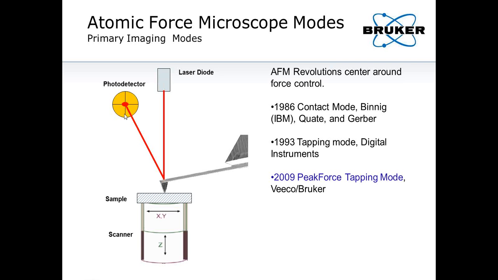To detect that, one common scheme is to use beam deflection detection. That is, you shine a laser on the cantilever, and then it's reflected back to a photodetector. So when the spot moves, it knows how much it moves. That's how the force is detected.